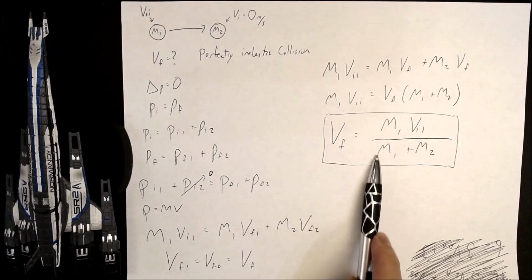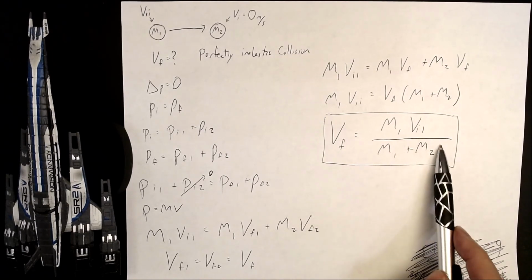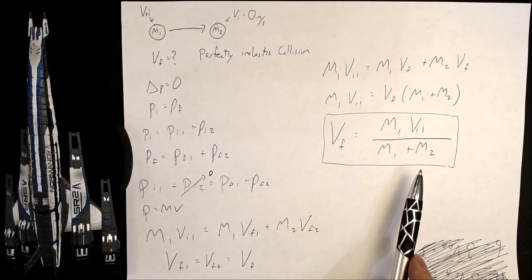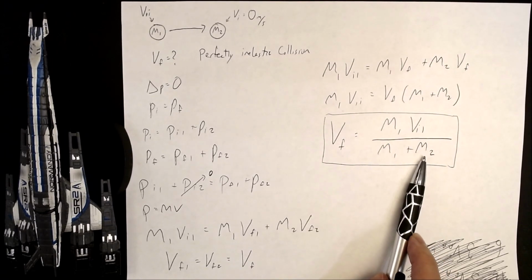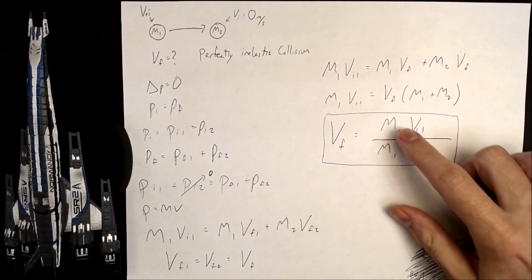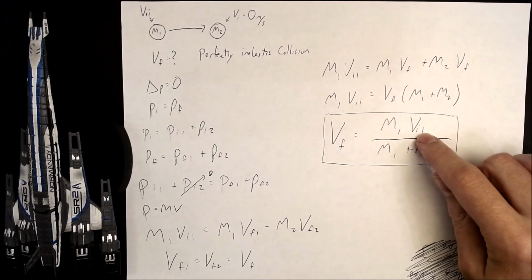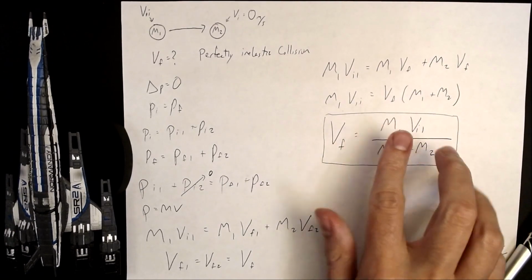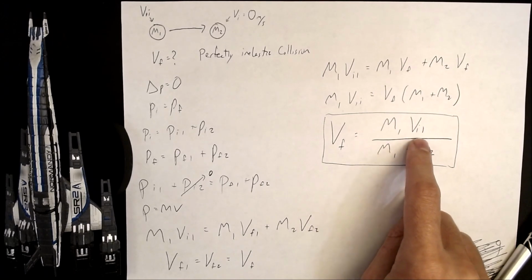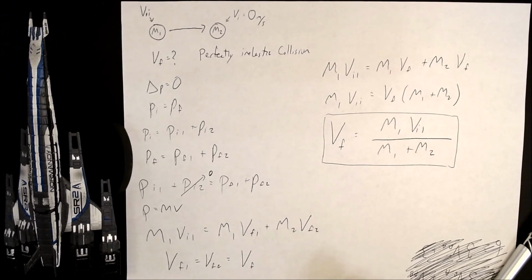If M1 is very, very large compared to M2, then this M2 doesn't really matter. And it's mostly just M1 V1 over M1. And so if M2 is very, very small, then we can consider it to be approximately gone, and you're just going to have M1 times V1 initial over M1, and those will also cancel, and you'll get that the final velocity is almost the same as the initial velocity if M2 is very small and M1 is very large.